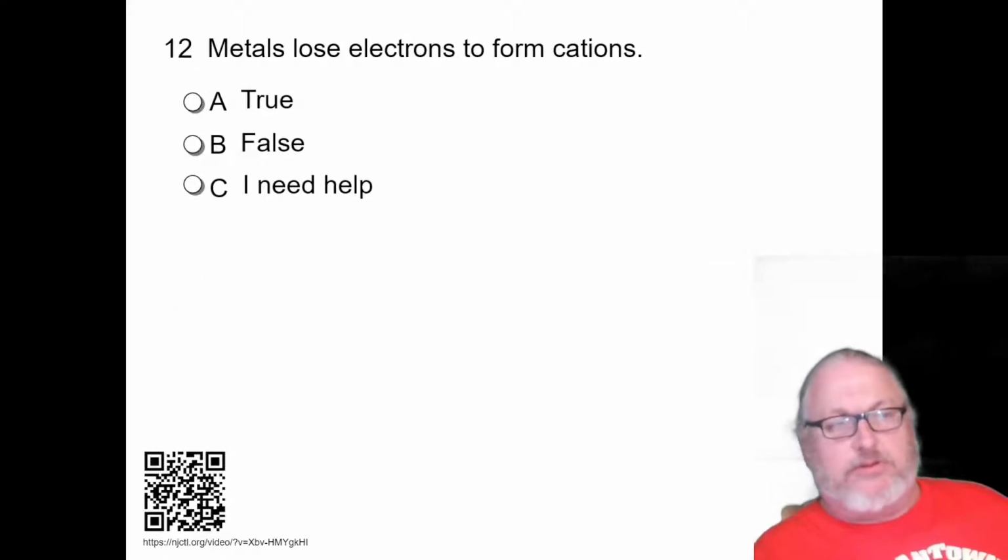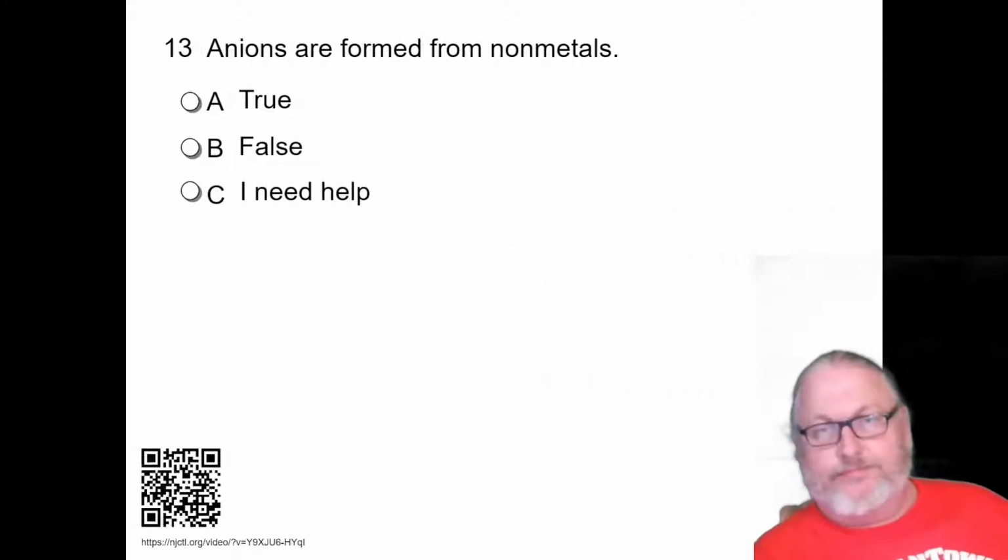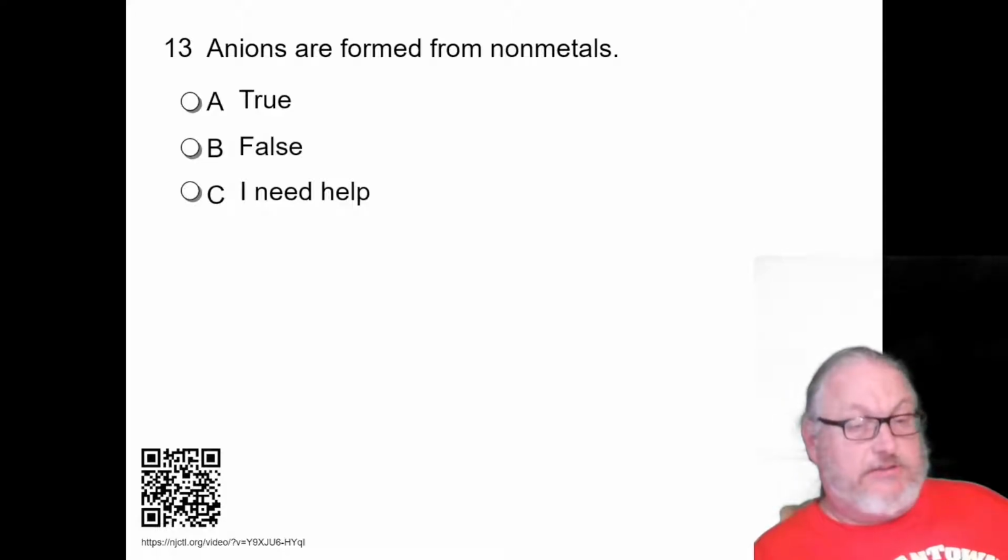Metals lose electrons to form cations. True or false? Pause. And of course, the answer is true. Anions are formed from non-metals. True or false? Take a chance.